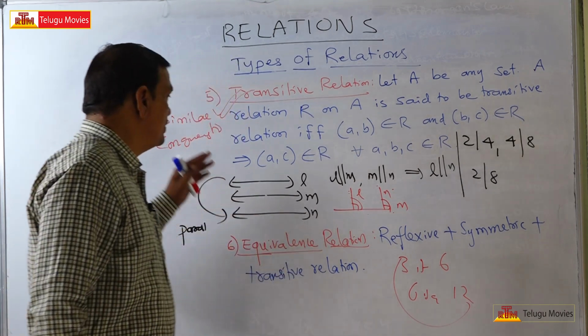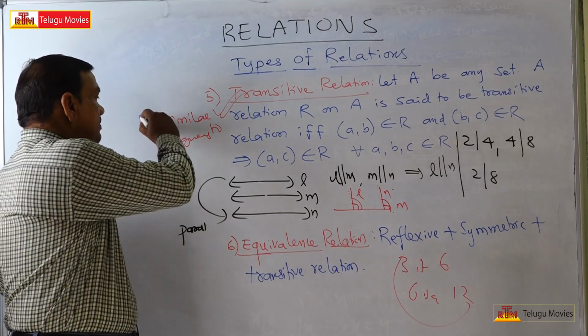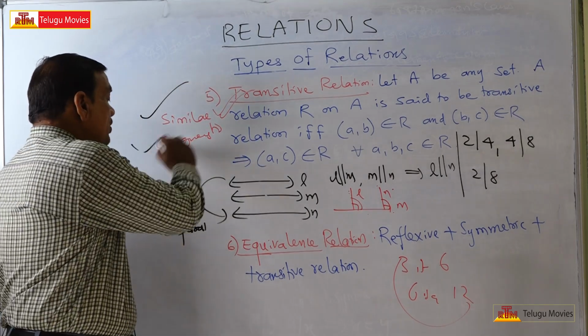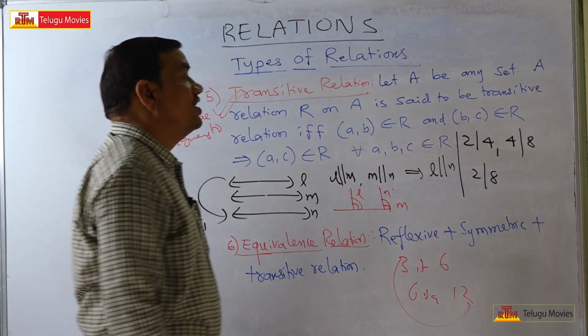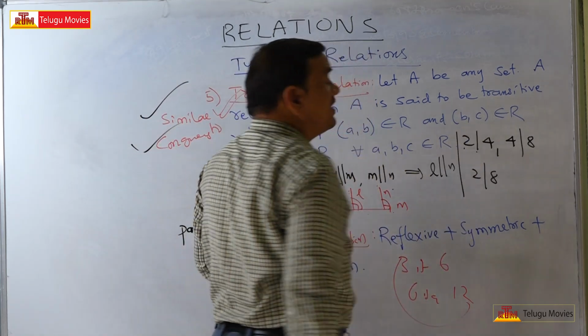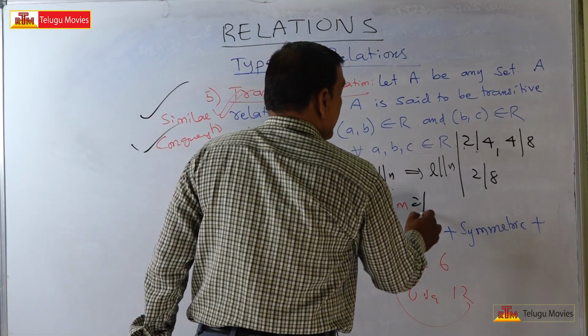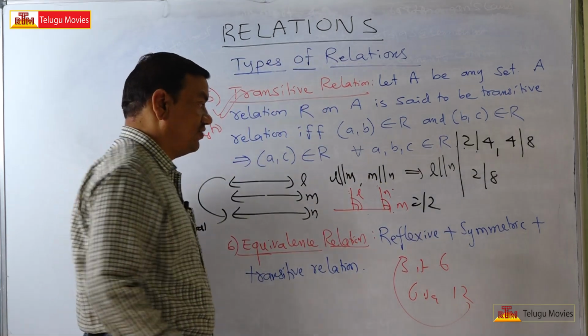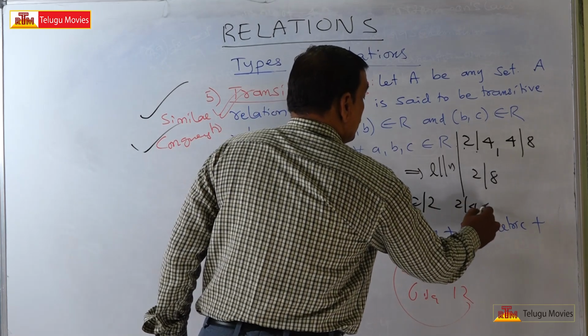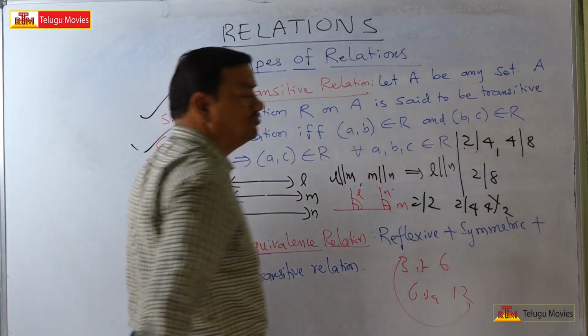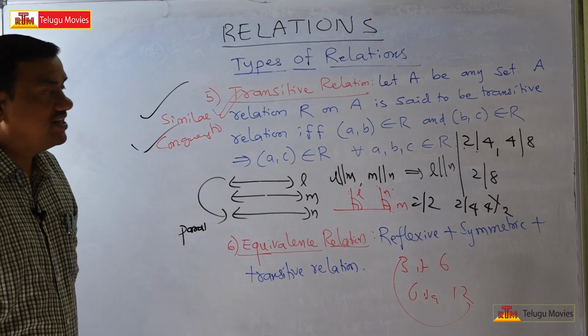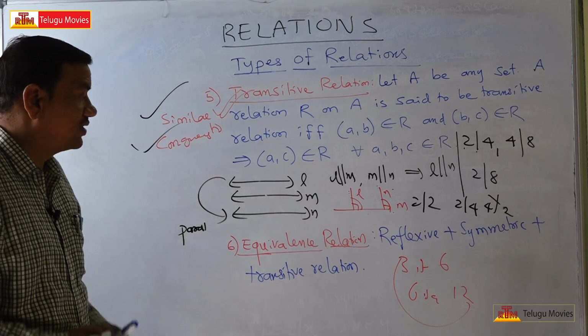That means parallel to is an equivalence relation, similar to is an equivalence relation, congruence is an equivalence relation. Divides is not an equivalence relation. Why? Because 2 divides 2, yes, it is reflexive. 2 divides 4, but 4 does not divide 2. Therefore, symmetric fails, but transitive satisfies.